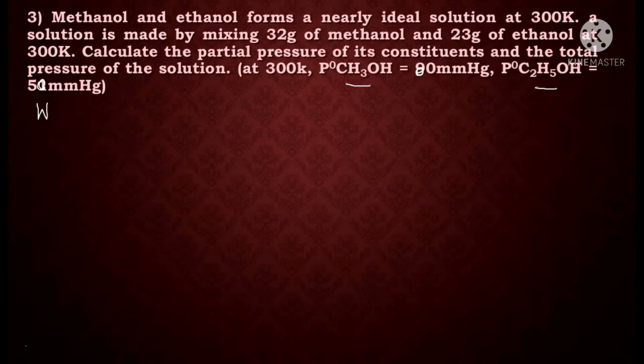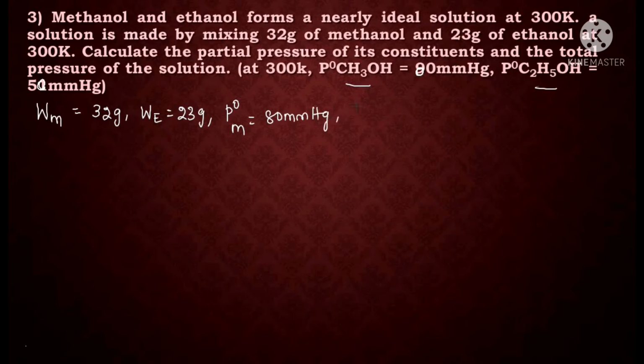Weight of methanol, I am going to give WM, weight of methanol is equal to 32 grams, and then weight of ethanol is also given, and that is 23 grams. Okay, and the vapor pressure of pure methanol is given, that is 80 mmHg.